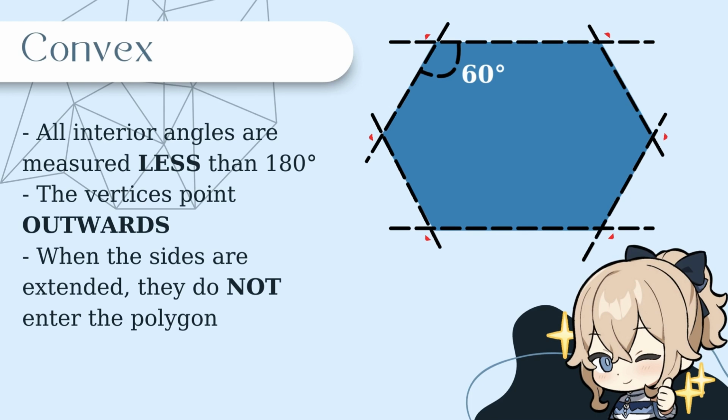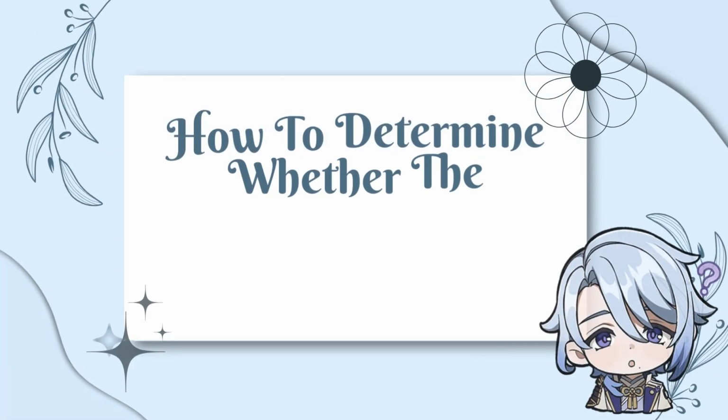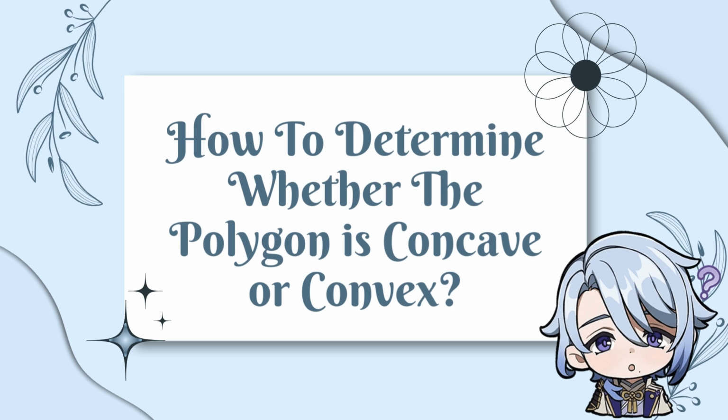How about convex? All interior angles measure less than 180 degrees. The vertices point outwards. When the sides are extended, they do not enter the polygon. Next question. How do we determine whether a polygon is concave or convex?